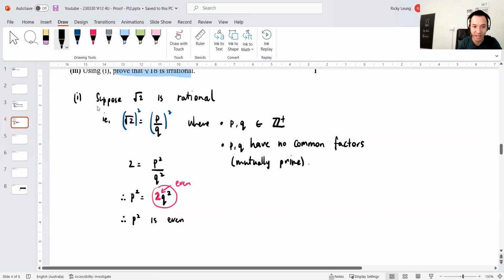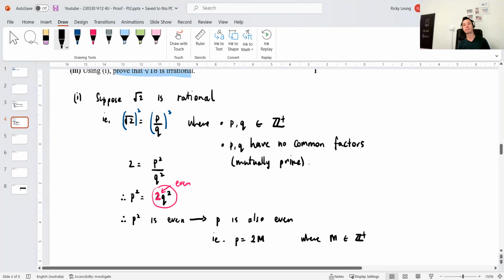And when that's the case, the moment that guy's even, P is also even, i.e. P equals, let's say, 2m, where m is a positive integer.